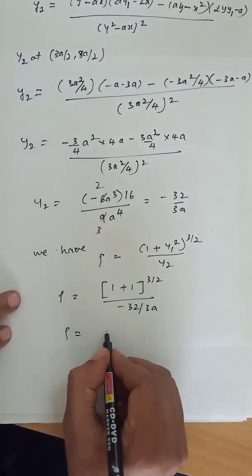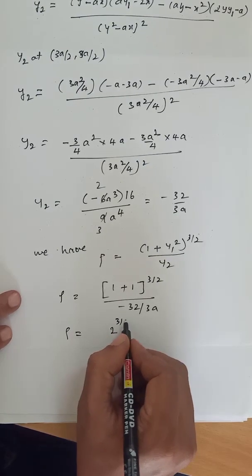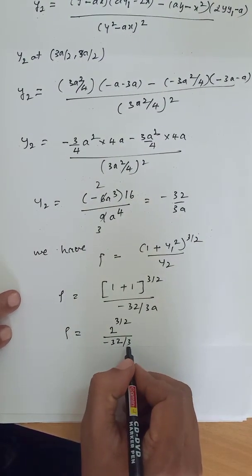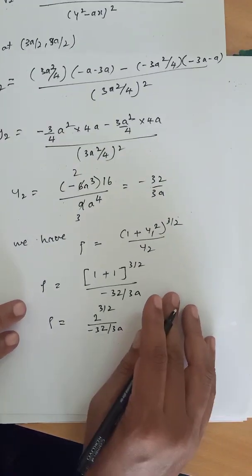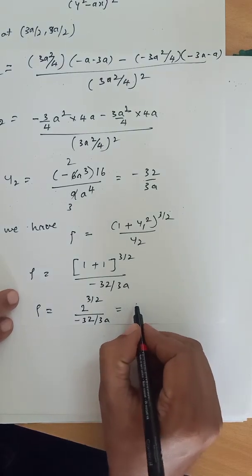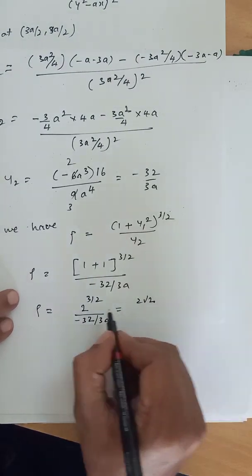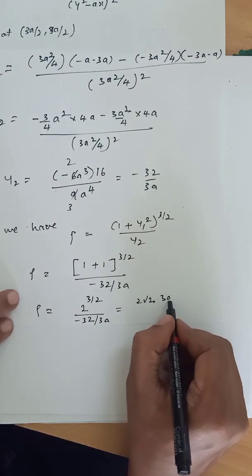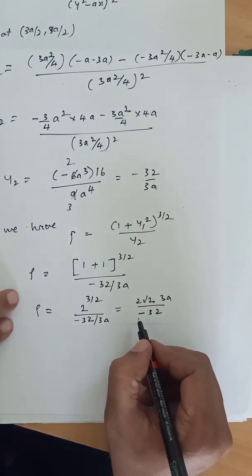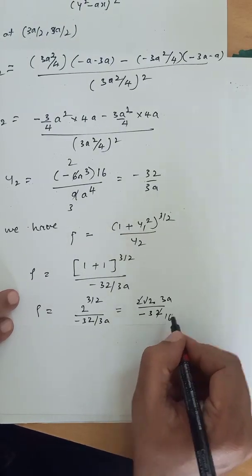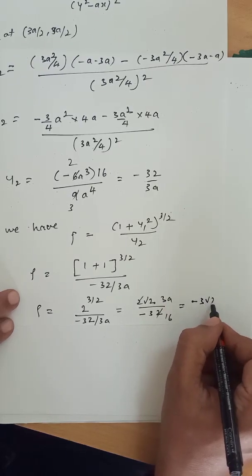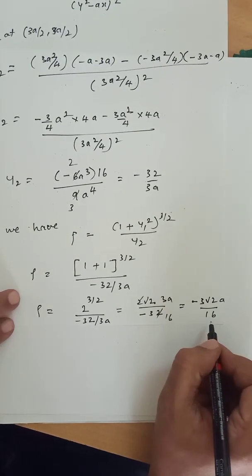Simplifying this, rho is equal to 2 power 3 by 2 divided by minus 32 divided by 3a. That is equal to, you write one more step, 2 root 2 into 3a, take this by minus 32. So 2 16s are, you will get minus 3 root 2a divided by 16.